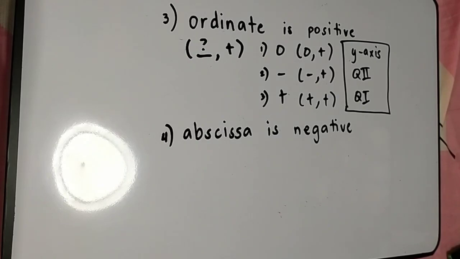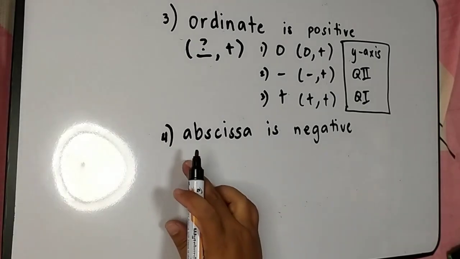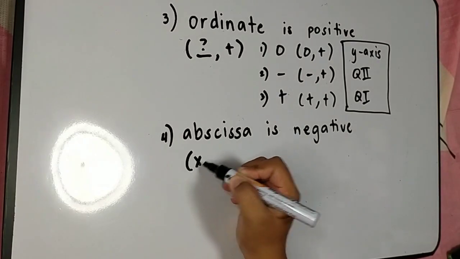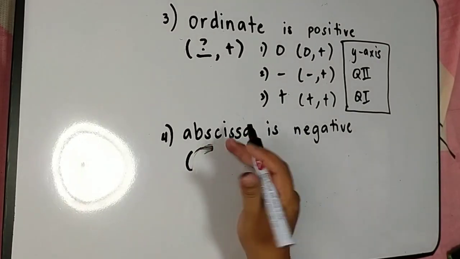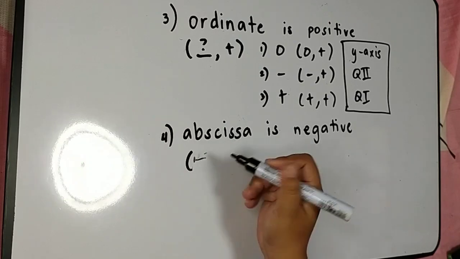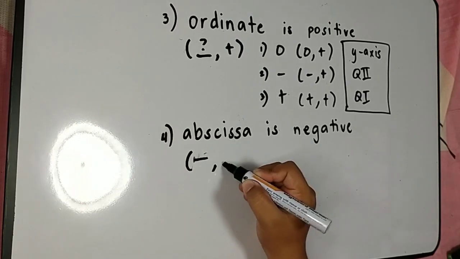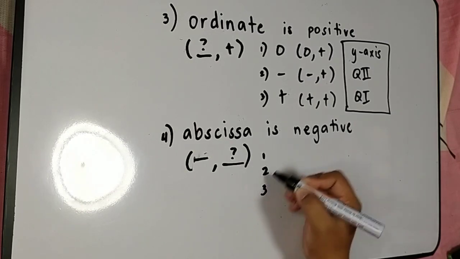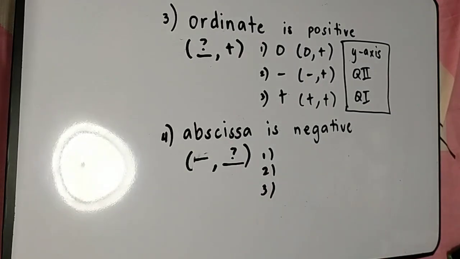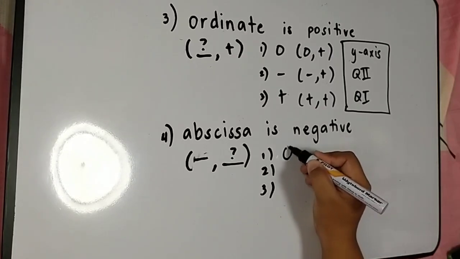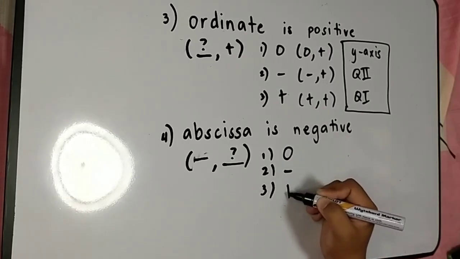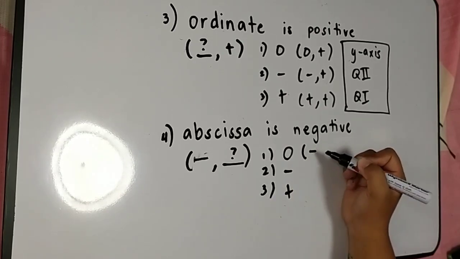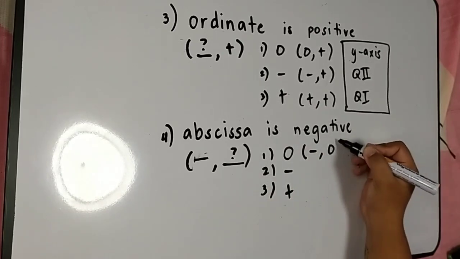Number 4, abscissa is negative. So, this time, ang may value ay si x. So, x is negative. Okay. Then, si y ay wala pang value. So, again, mga possible values ni y, pwedeng maging 0, negative, and positive. So, pag 0 si y, coordinates are negative and 0.